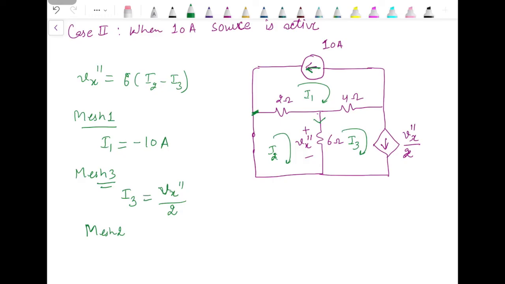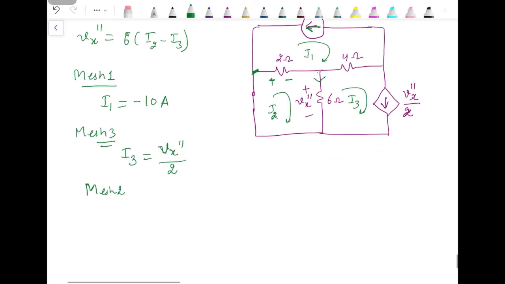From mesh 2 we will have the voltage drop across the 2 ohm resistance and then 6 ohm resistance. Across 2 ohm resistance is 2 into (I2 minus I1), then 6 into (I2 minus I3) equal to 0.